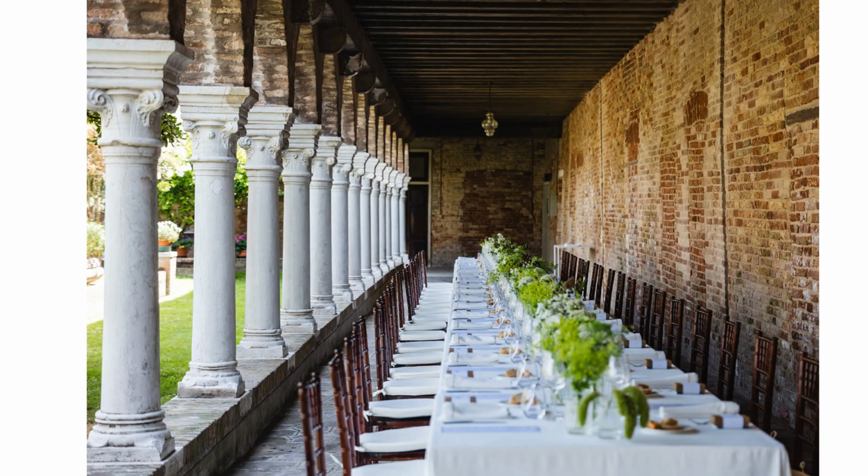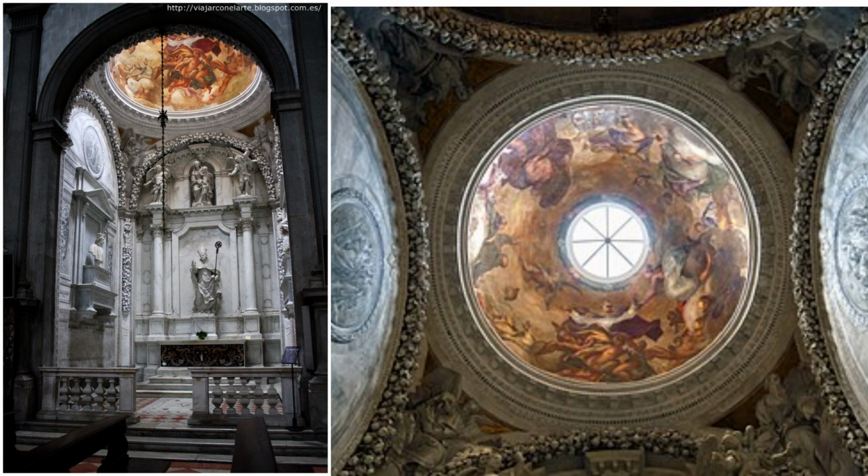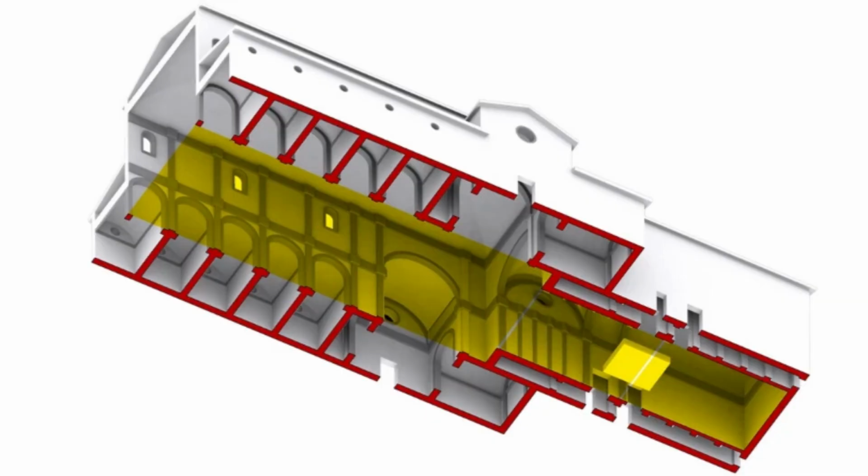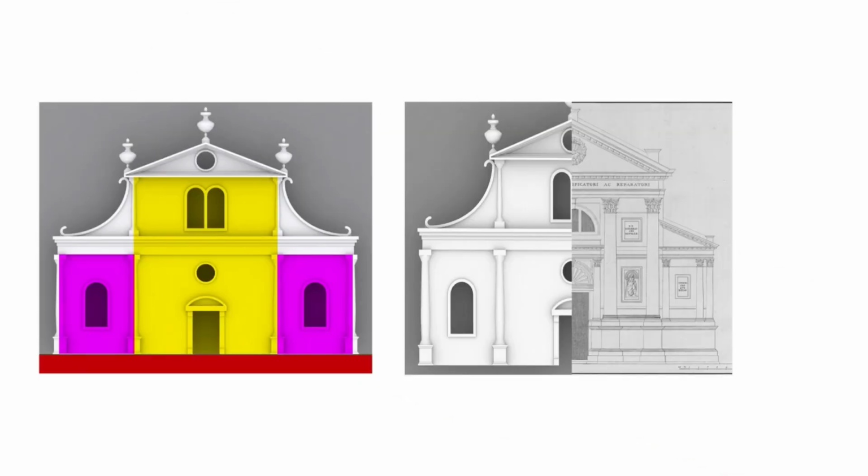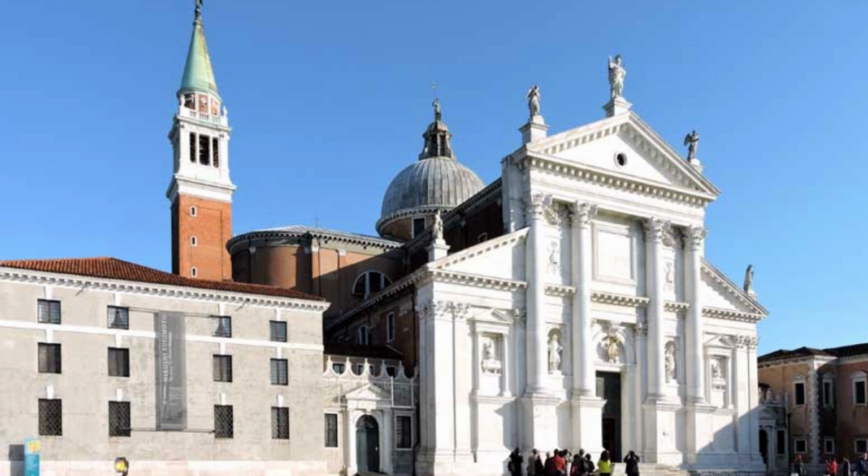He resolved this by intersecting classical temple fronts, one joining the side aisle and the other, grander front superimposed upon it. These solutions were refined and perfected in the facade design of San Giorgio Maggiore.